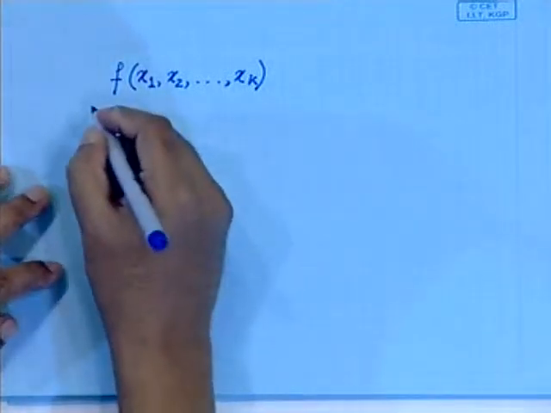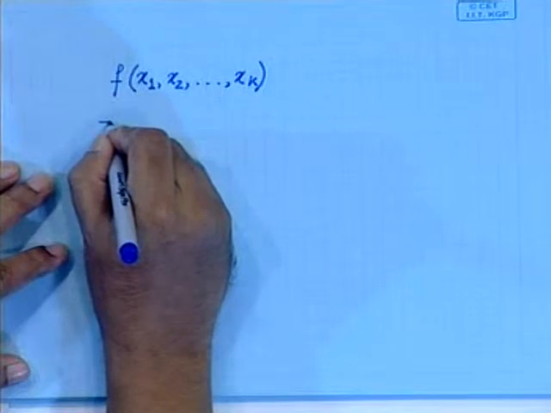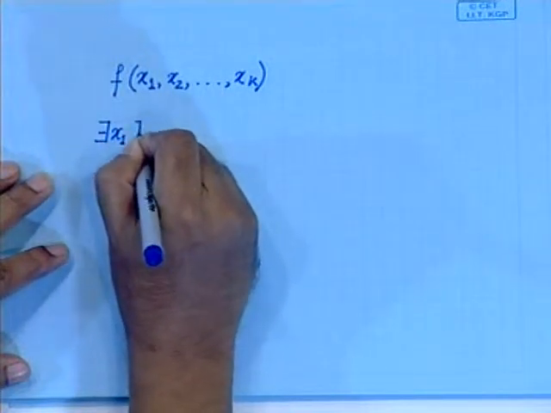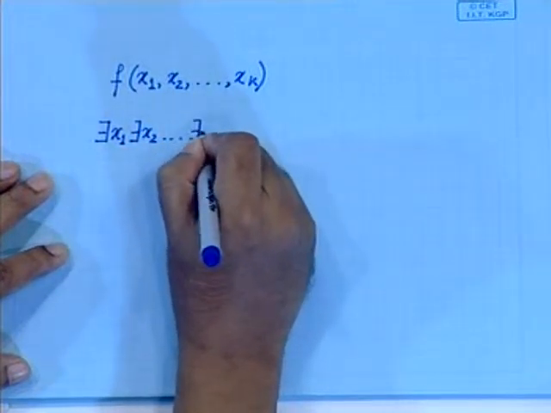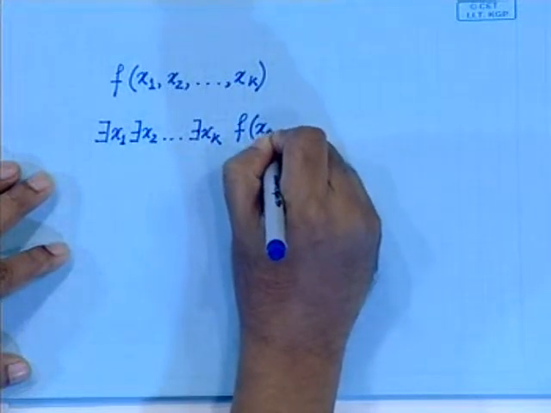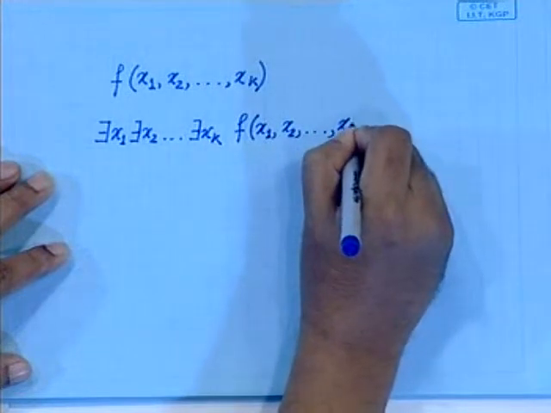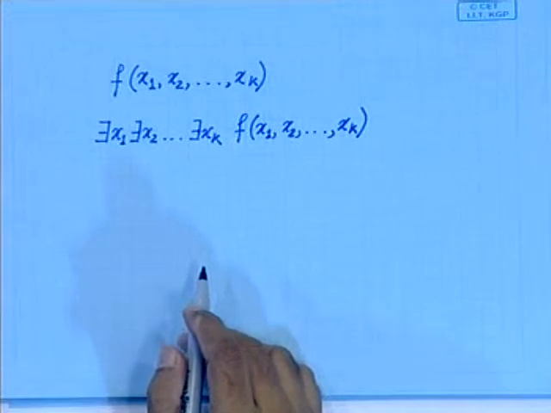Now, if I ask you there exists x1, there exists x2, dot dot dot, there exists xk, f of x1, x2, dot dot dot xk, what is this? What does this represent?